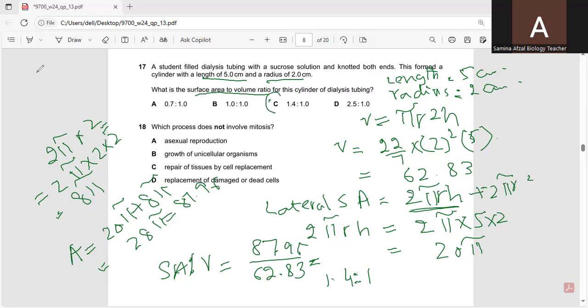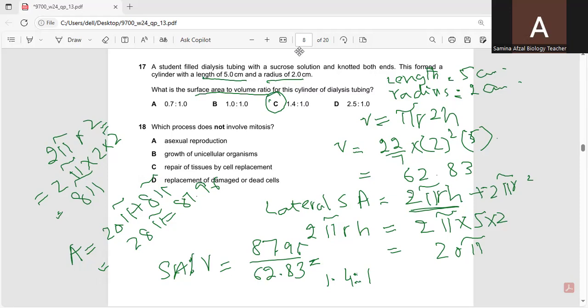So according to this calculation, C is the correct option. I am calculating this, 87.96. Yes, so it is equal to a 1.4 is to 1 ratio. You can write it in this way. So C is the correct option in question number 17.